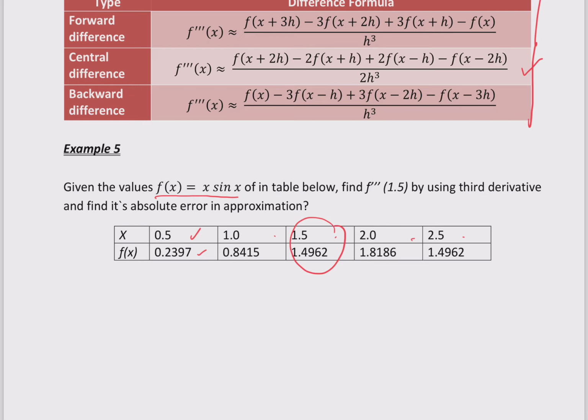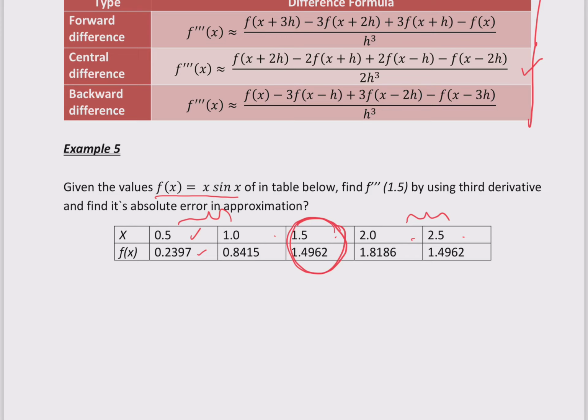Of course, the only formula that you can use is central difference, because we need to find the third derivative at this point, and we have 2 values here and 2 values at the back.